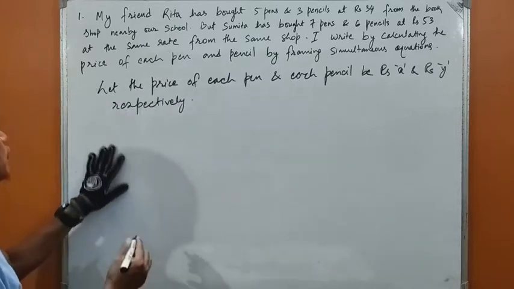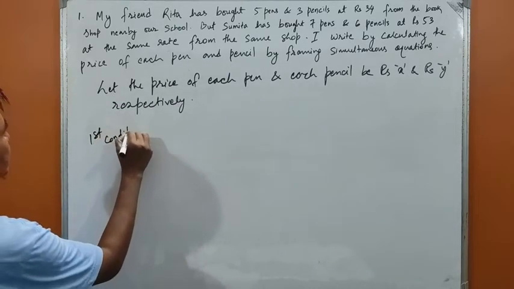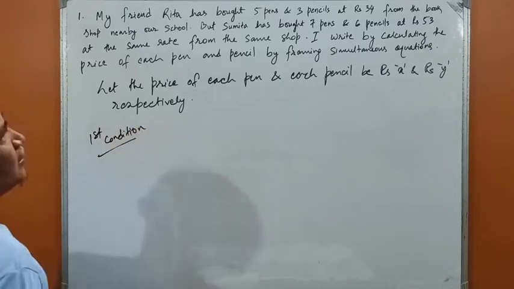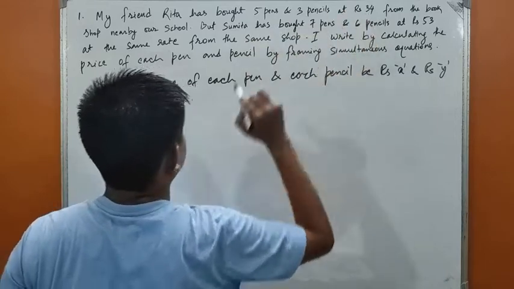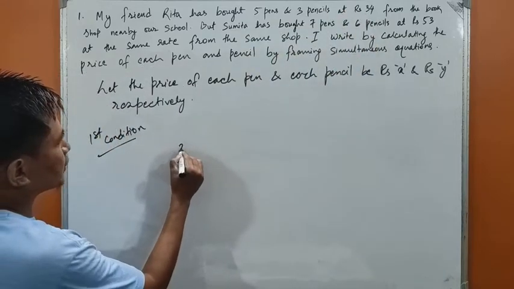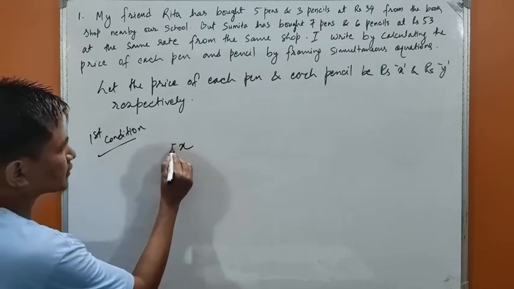Now first condition, 5 pens, 3 pencils cost rupees how much? 34, isn't it? So the price of each pen is rupees X, so the price of 5 pens will be 5 into X, that is 5X.